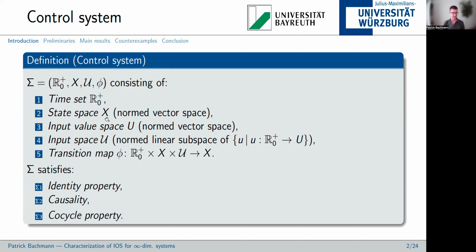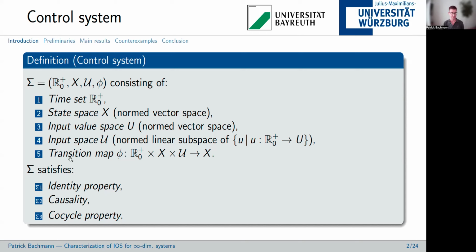The state space is X, the input value space is U, and we consider the input space, calligraphic U, which is some linear subspace of the mappings from the time domain to U. We have certain restrictions on this, but for example, the Lebesgue spaces are included in this. I would not like to go into more detail, to not make it more complex at the moment.